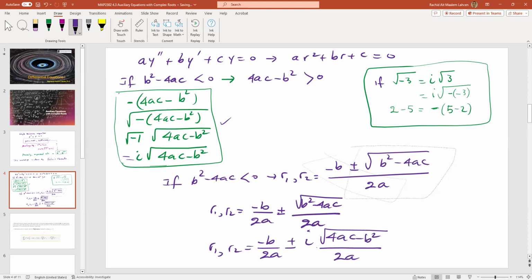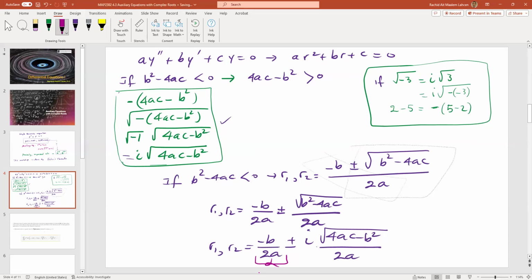You see, that's really pretty cool, knowing that b squared minus 4ac is negative. We can rewrite the equation without even putting any numbers and show i. Okay, so now we will say this is some alpha and this is some beta. So alpha is always this, and beta is always this.